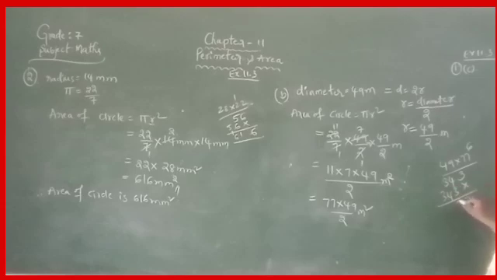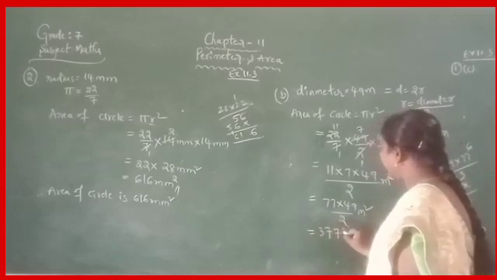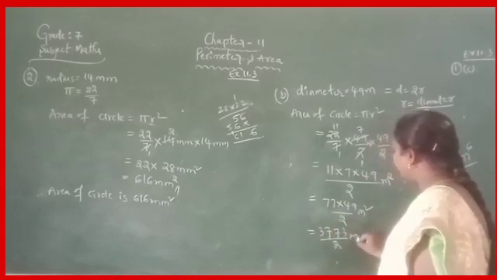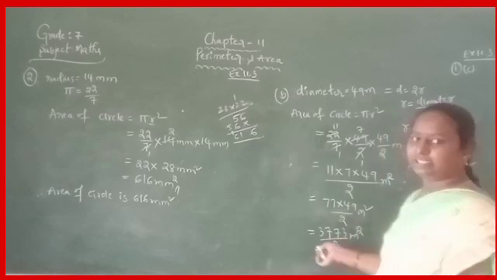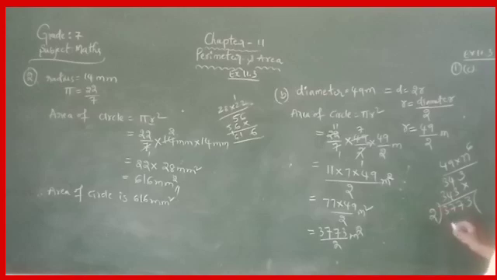So that is 3773 by 2 meter square. Again we convert it into decimal. So what will you get? 2 ones 2, the remainder is 1, 7.